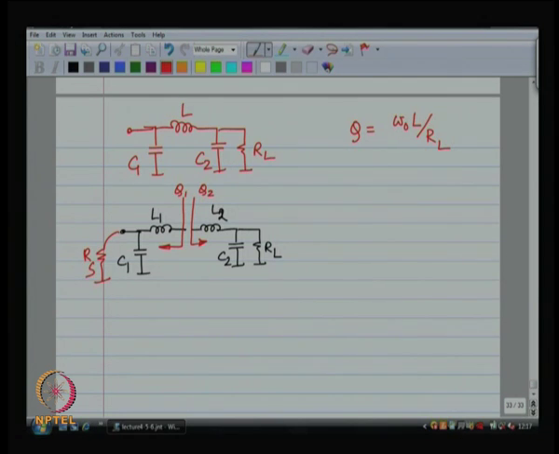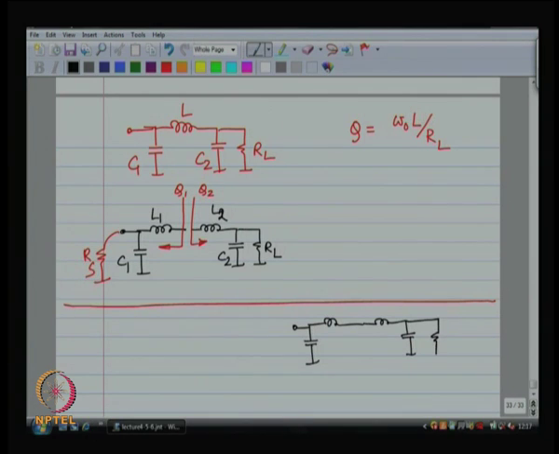So, what have we got so far? So far what we have got is a technique that is as follows. So, first we transform R L into some intermediate resistance looking in from here.